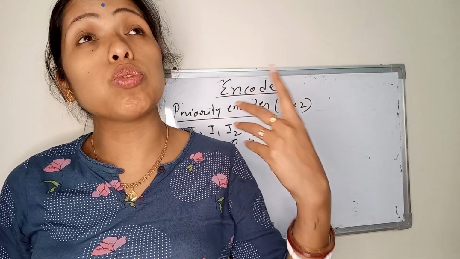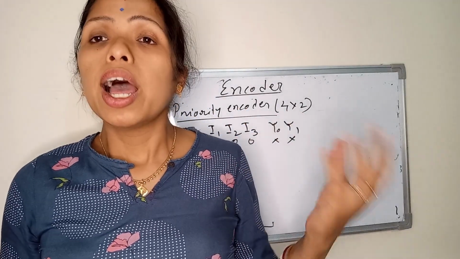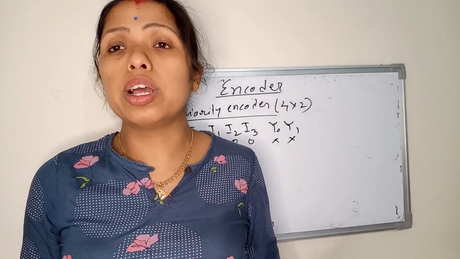If you want to send the decimal number 1, I am sending logic 1 through I1. Then in the binary number system there are lots of combinations.